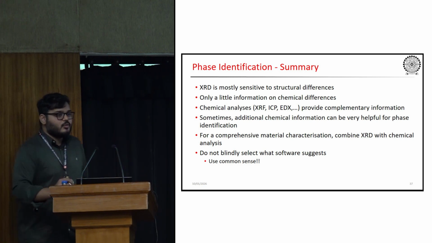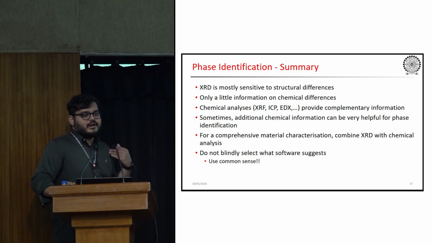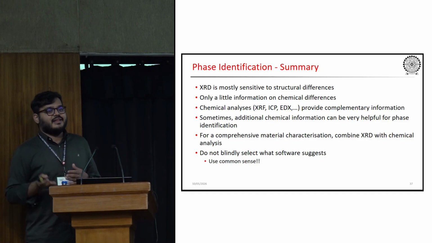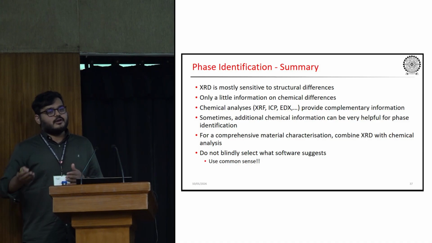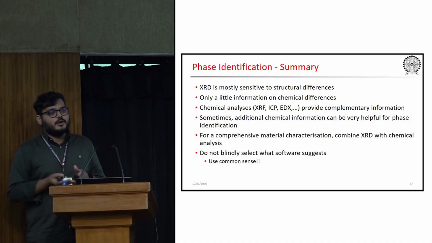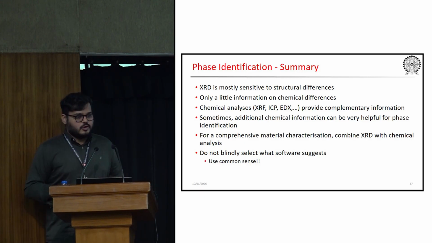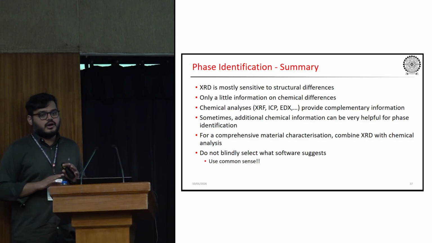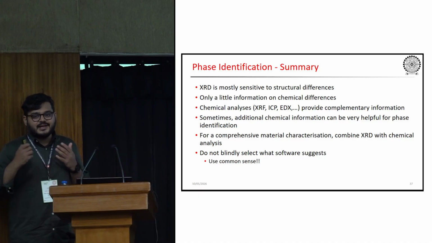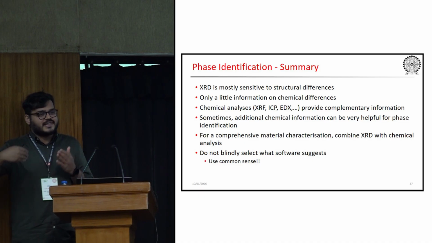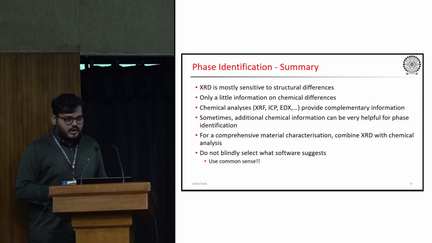Of course, another thing that happens is people use XRD like a black box. They do a search match pattern, and whatever seems to fit or gives a higher score, they blindly add it. It might be right, but it might also be wrong. So you will have to do a little bit of background. You should have some background information regarding the sample before you select a phase and say that your sample presents this material.